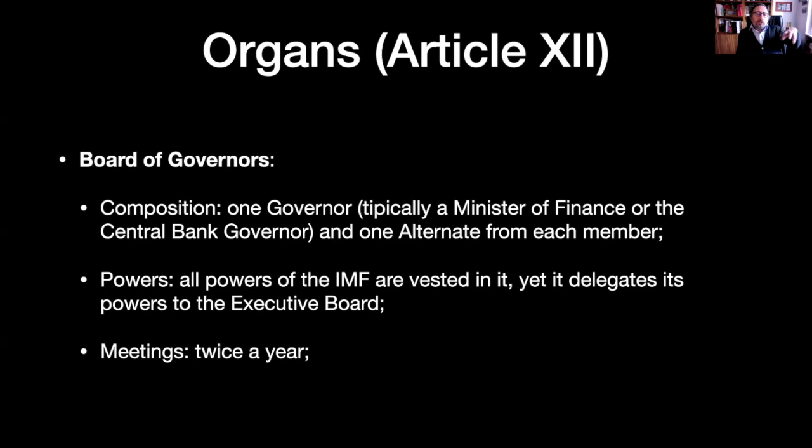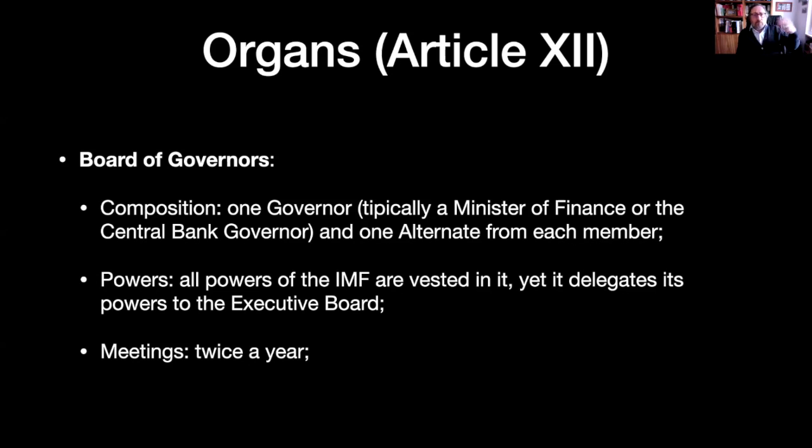All of the powers of the IMF are vested in the Board of Governors, but since the Board of Governors only meets twice a year, there are these large assemblies of ministers of finance and central bank governors. They take place twice a year, normally in Washington.